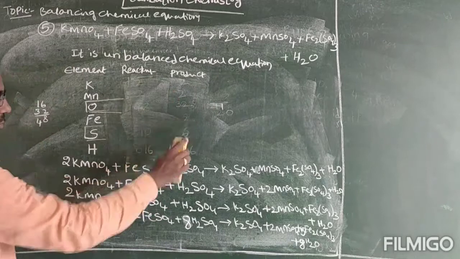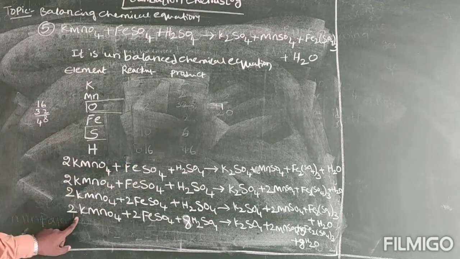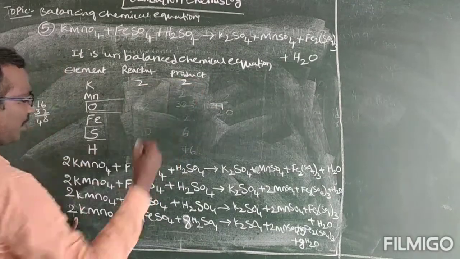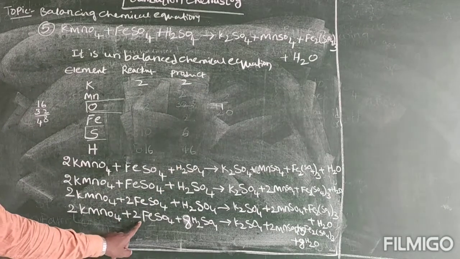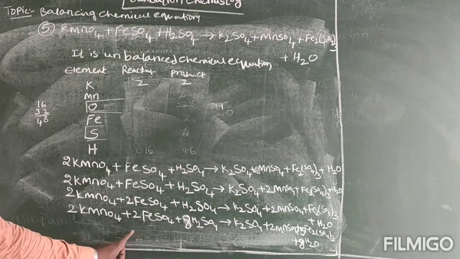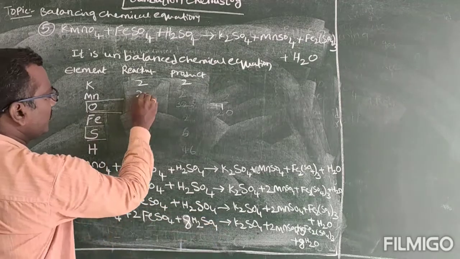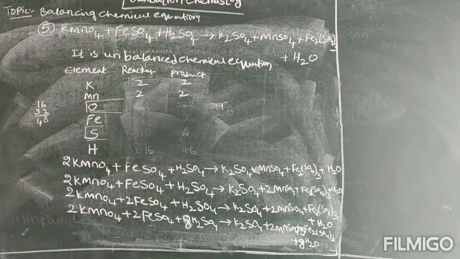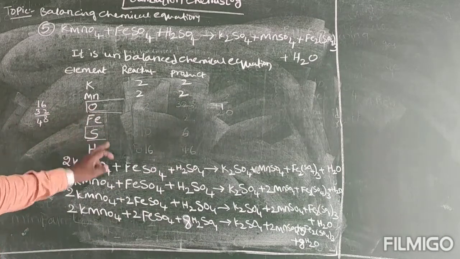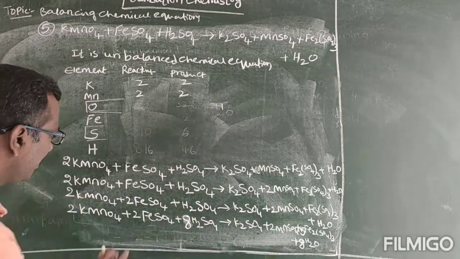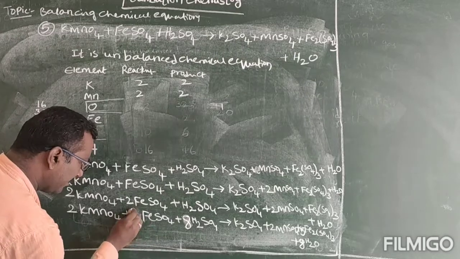Again we have to balance this. Now 2K, 2K. Next what came? Manganese 2, 2. Oxygens now here, but they are 10. Let us take here directly 10.